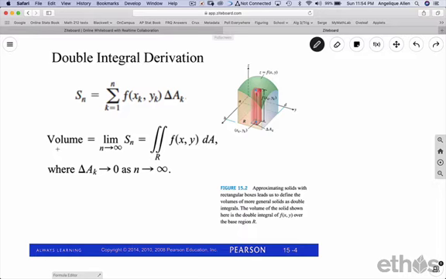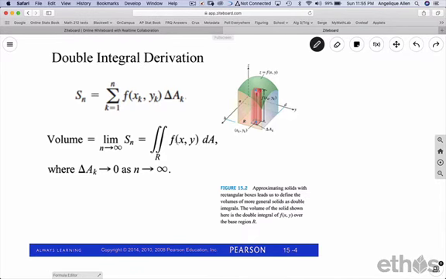Now, to turn this into volume, we're going to take the limit as n goes to infinity. So the partitions are getting smaller and smaller and smaller, and we're adding up those areas. The double integral indicates that the dA is two-dimensional, so we've got two integrals.